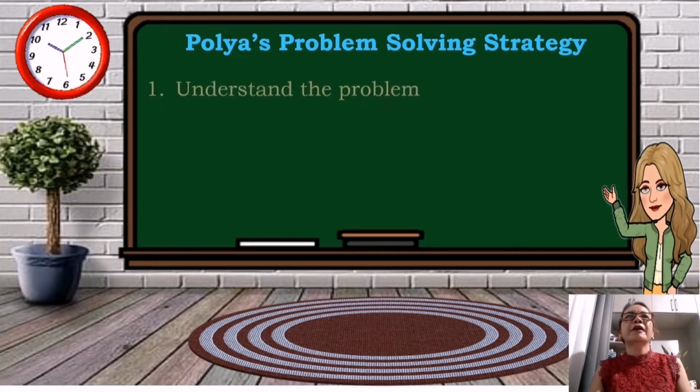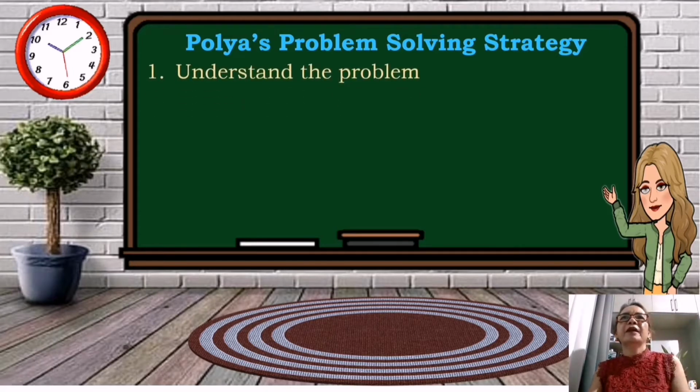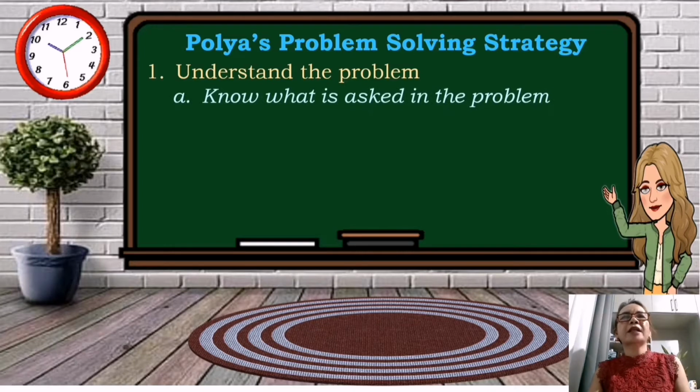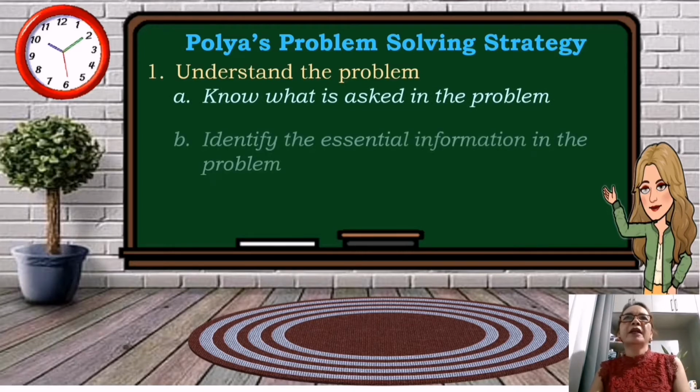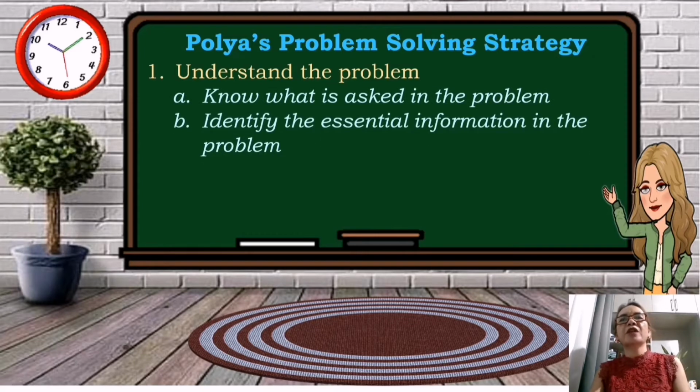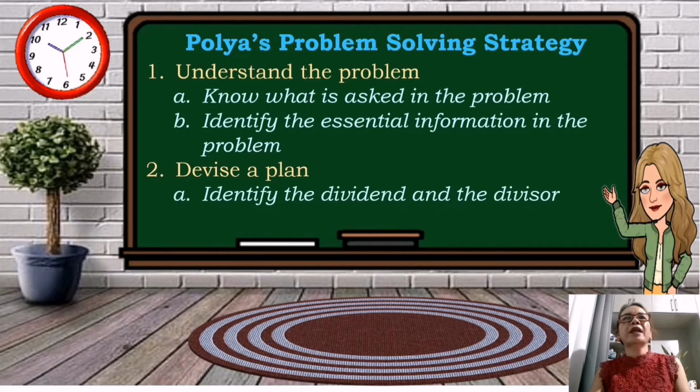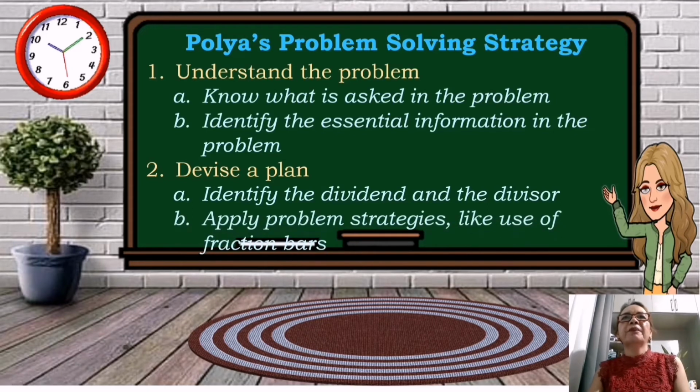First, understand the problem. Here we are going to know what is asked in the problem, and identify the essential information. Next step is devise a plan. Here we identify the dividend and the divisor, and apply problem strategies like the use of fraction bars.